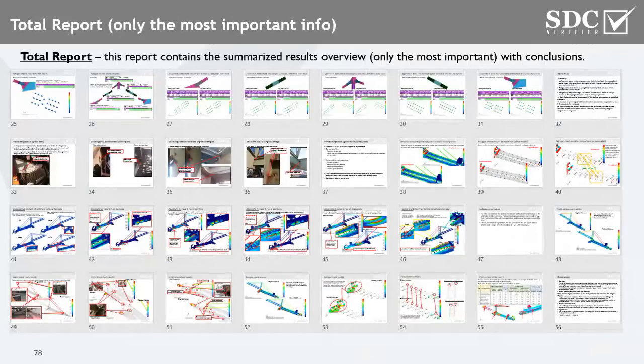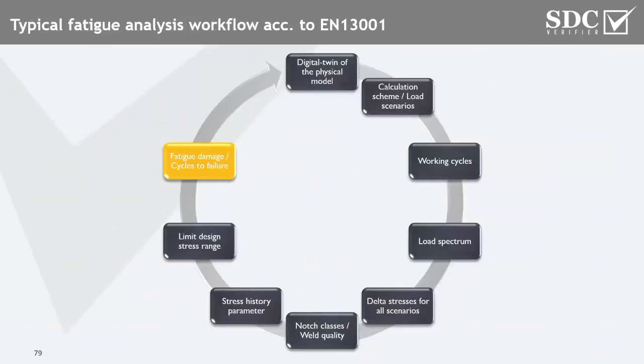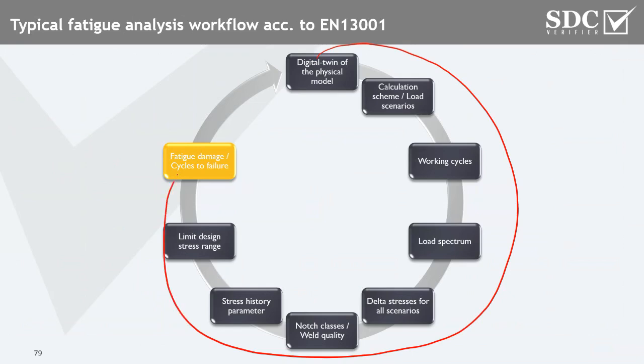But let's make a step back to our typical fatigue analysis workflow, because we concluded that, okay, we need to come through all these steps, which is fine because we have a software solution for this. But I think something we did not mention, and something that is not clearly defined in the N13001, especially in terms of existing structures, what do I need to do next?